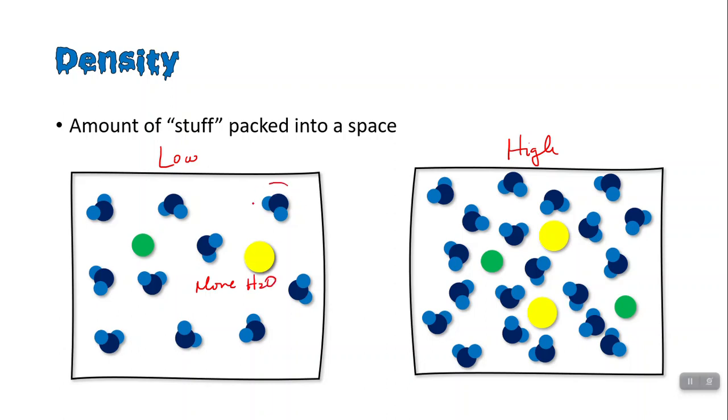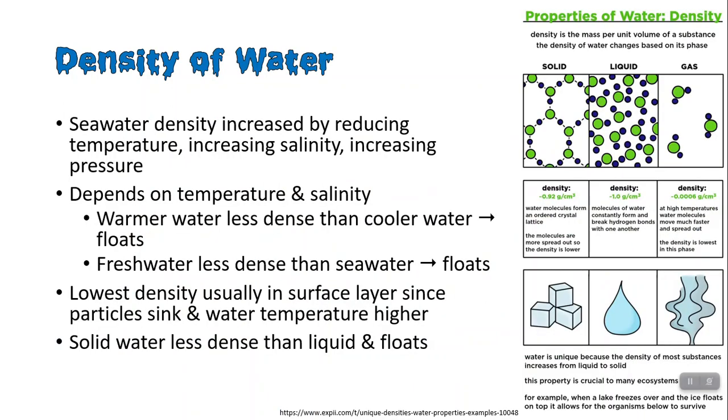And in case you didn't know, that little guy that looks kind of like a Mickey Mouse head, that's water. And we also have more salt, which are these other colored circles. Those represent salts. The more dense environment is where we have more water and more salt. We have less water and less salt in the less dense sample.